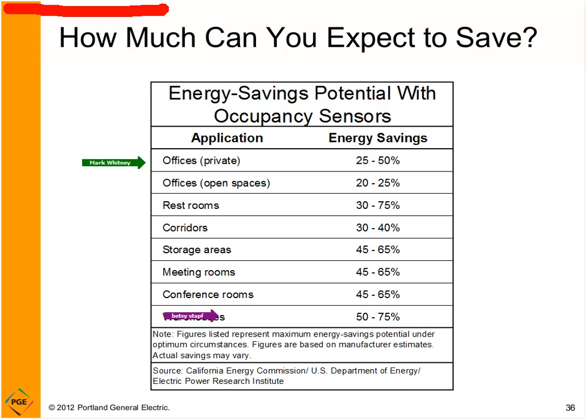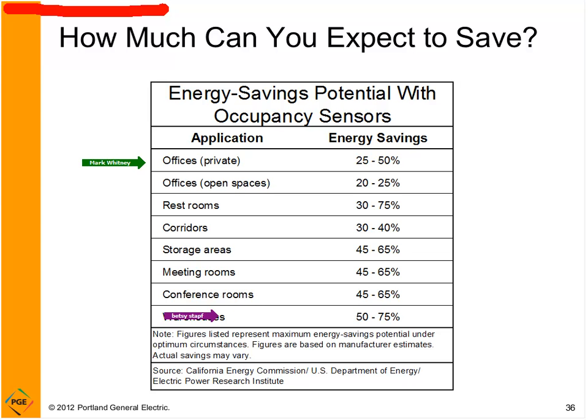You know when you're leaving, when you're coming back, so you're more prone to turn the lights off by yourself. If you're in a conference room, maybe it's not your building, maybe you're visiting someplace, and you don't know if you should turn them off or not. Or you just get lazy and you want to have occupancy sensors do that for you, which is one reason to use them.